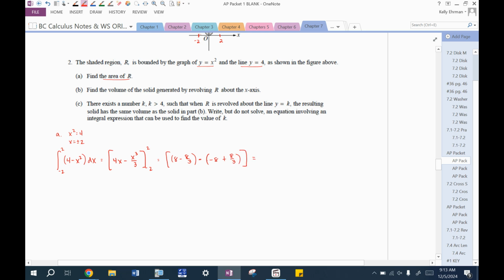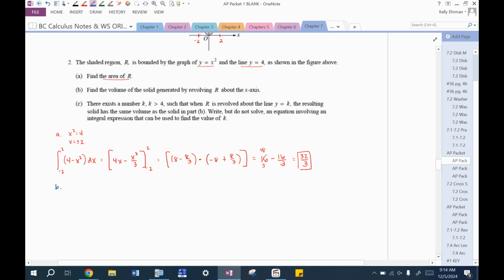I like to do the like denominators first. So 8 plus 8 is 16. Negative 8 thirds minus 8 thirds is minus 16 thirds. And then 48 thirds minus 16 thirds is 32 thirds. All right, so that's our area.